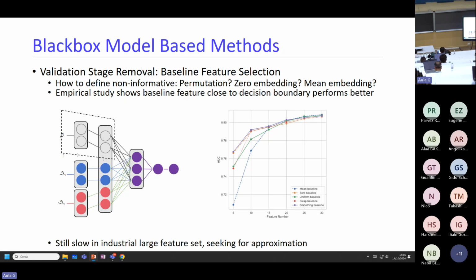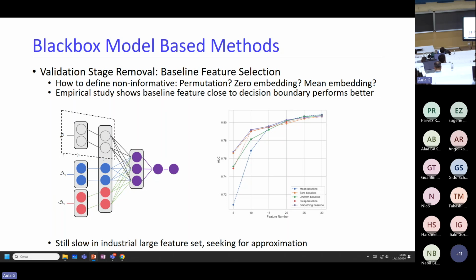We conducted an experimental study showing that the baseline feature closest to the decision boundary performs better. For example, in the right graph, the mean baseline is the farthest baseline feature from the decision boundary, because in recommendation systems, the negative samples always dominate the positive samples.